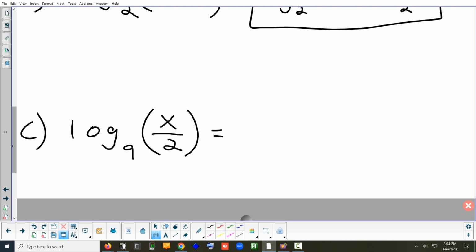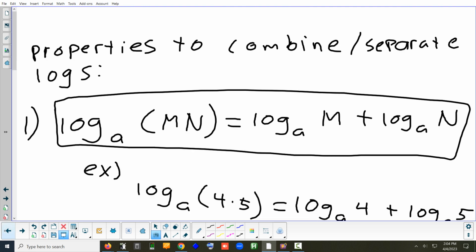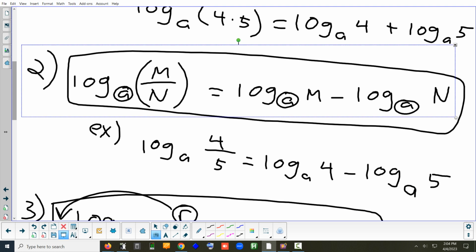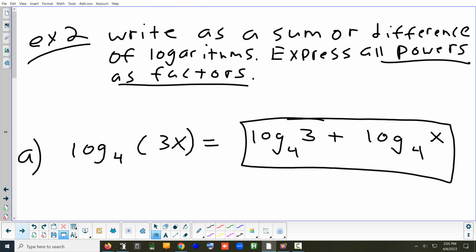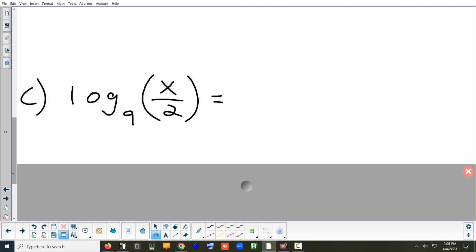No, not sure. Anyone help them out? How does division split apart? Yep. Subtraction. You have division of 2 things. It turns into a subtraction of those 2 things. All right. Let's write it as subtraction.